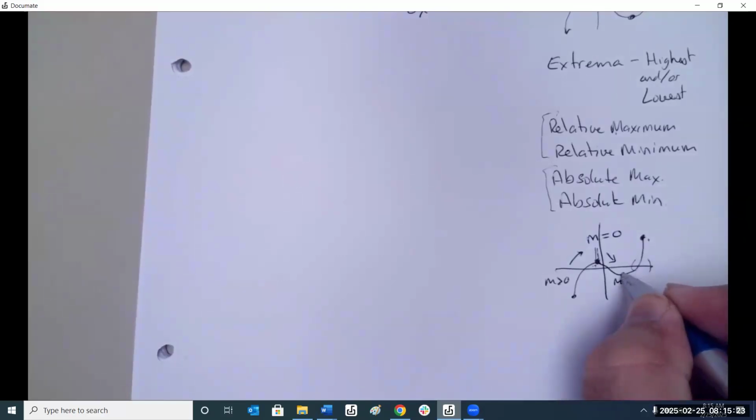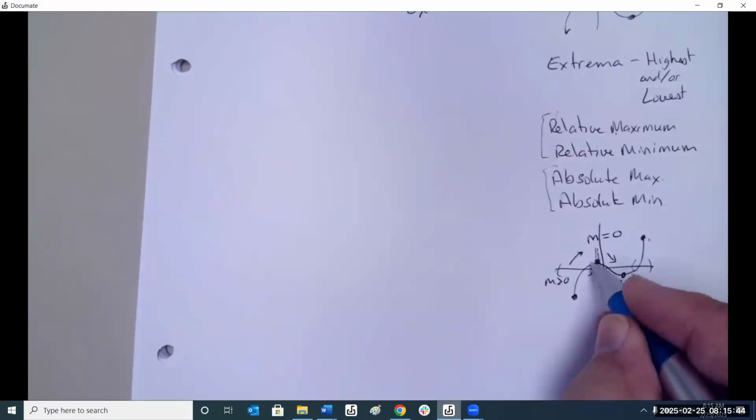We have a minimum there and we have a minimum there. What's this one called? It's the absolute minimum, but it could also be called what? A relative minimum, because it's also the relative minimum of that subdomain. So absolutes can be relatives.